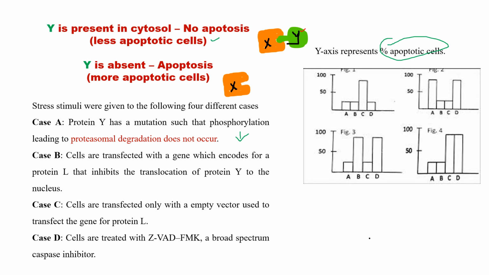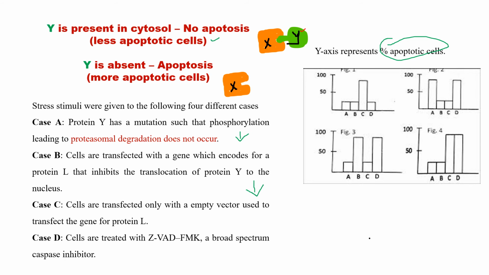We don't know more about the protein L, but this protein L will inhibit the translocation of protein Y. That's why this protein Y is still in the cytosol. If protein Y is present in the cytosol, no apoptosis and less apoptotic cells. So in case B, less apoptotic cells.